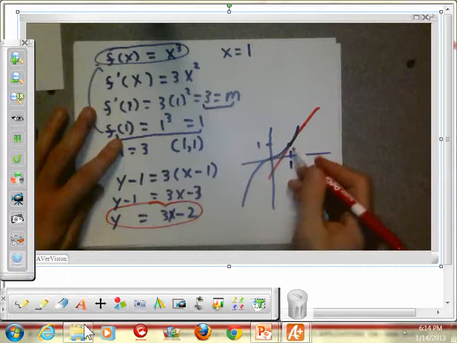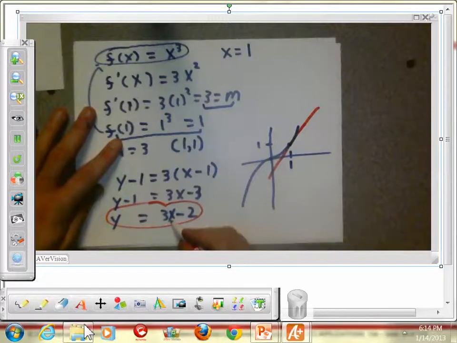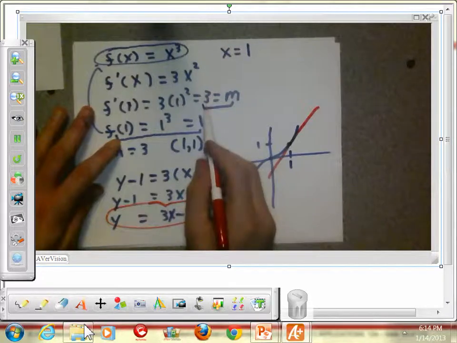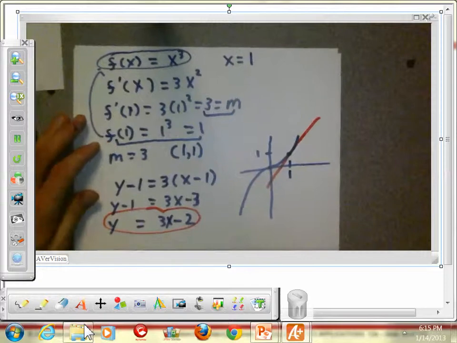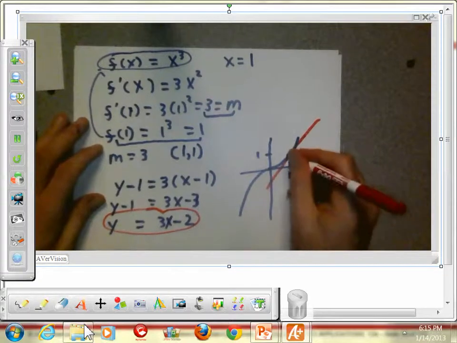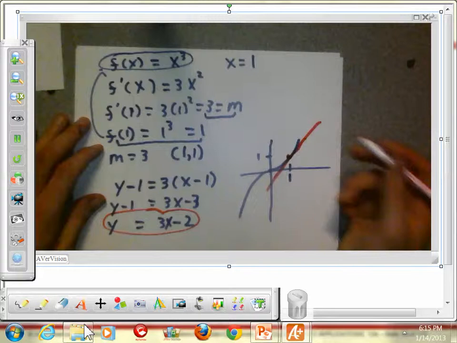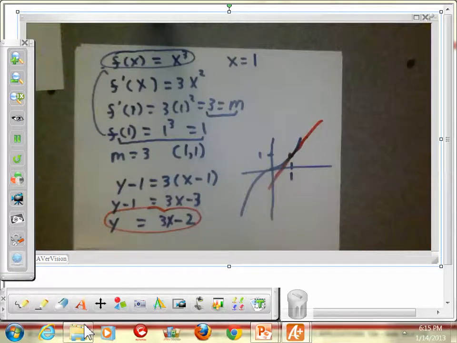The slope of this line, which is 3, is also the value of the derivative when x equals 1. And they both share the same point when x equals 1, right? They both have this point over here, and they both have the same slope at that point. Okay. So any questions so far?